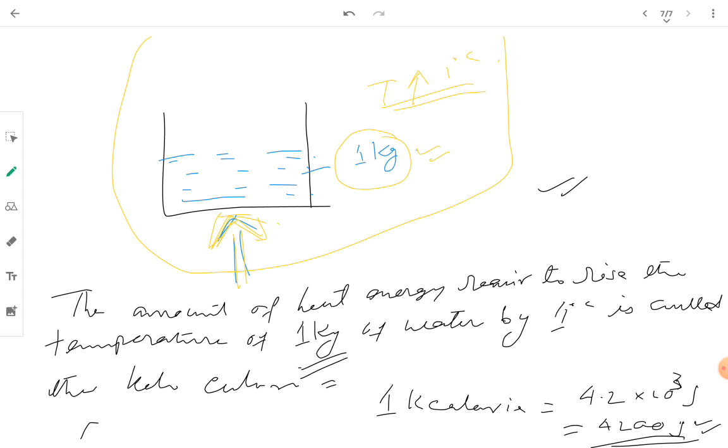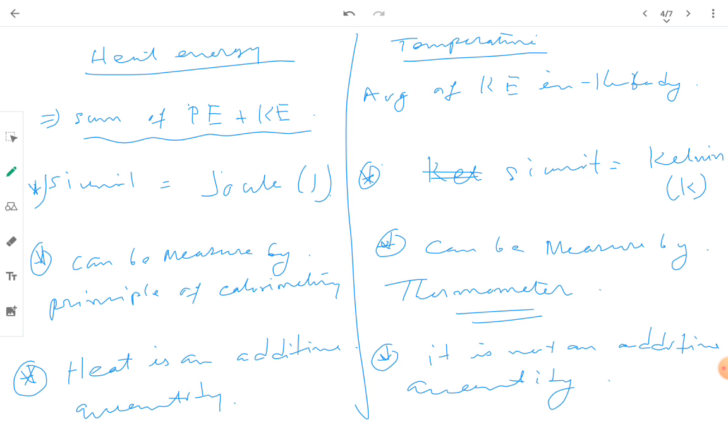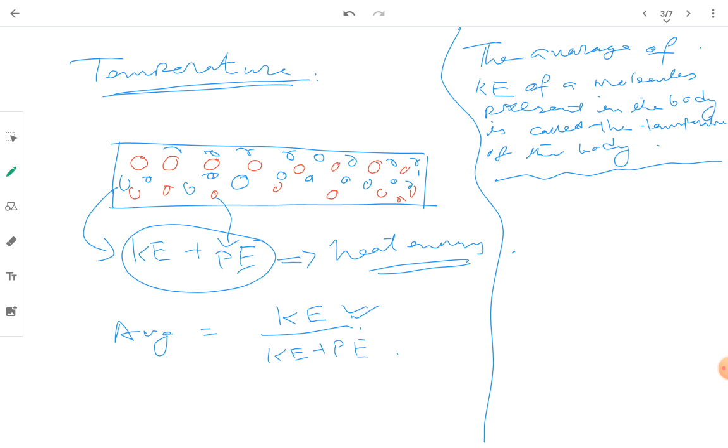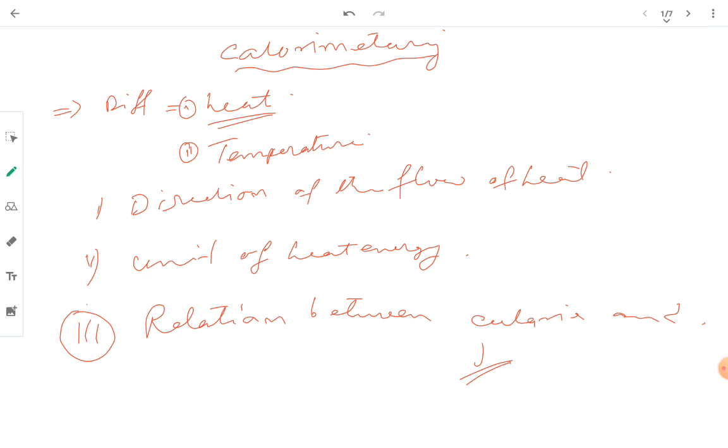Let's do the revision of what we have studied. Our main topic here is the definition of heat, the definition of temperature, the direction of the flow of heat energy, the unit of heat energy, and the relation between calorie and kilocalorie, calorie and joule.